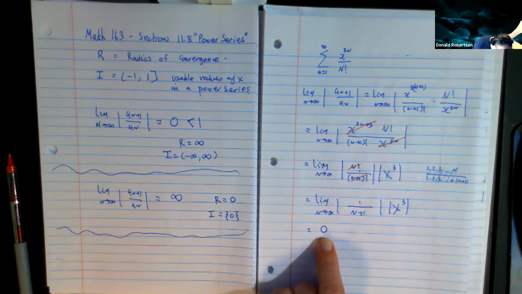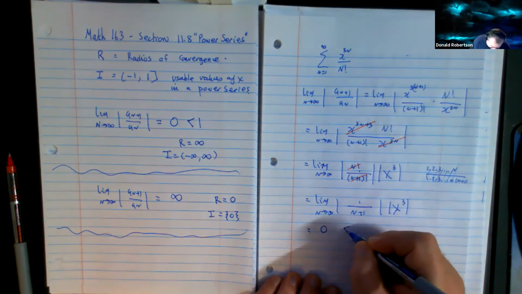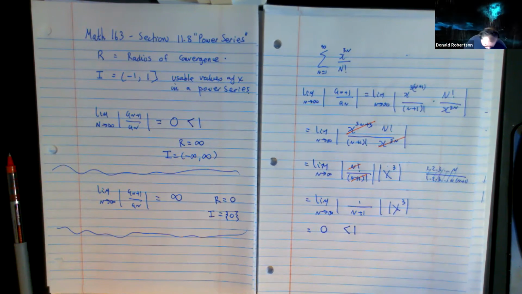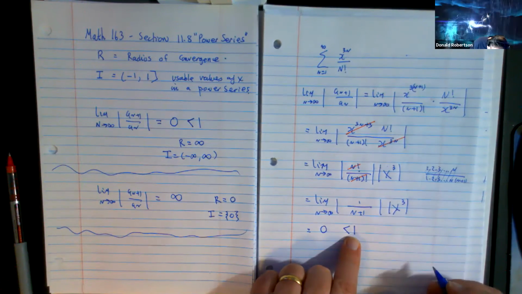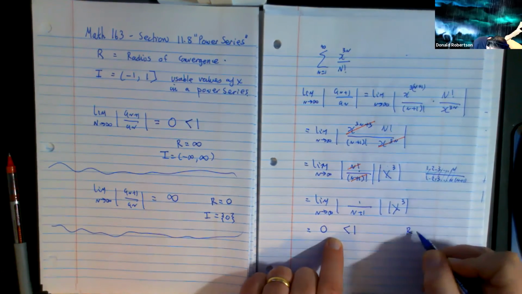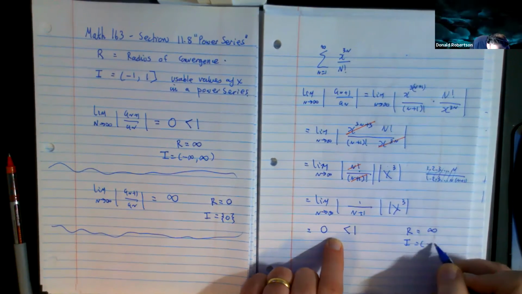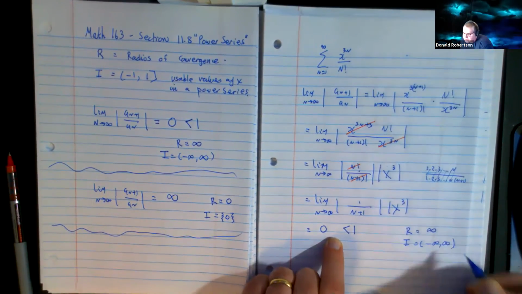Now, when the limit is 0, that guarantees no matter what you do, it is going to converge. So the radius of convergence is infinity, and the interval of convergence is everybody, right? That's one of the two special cases.